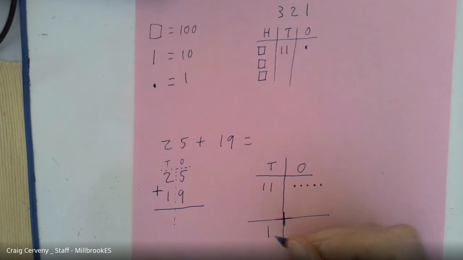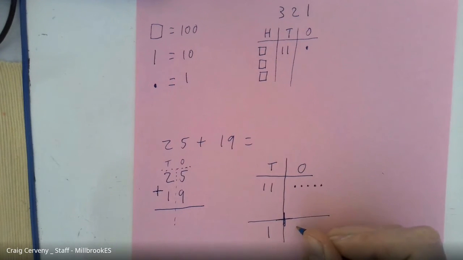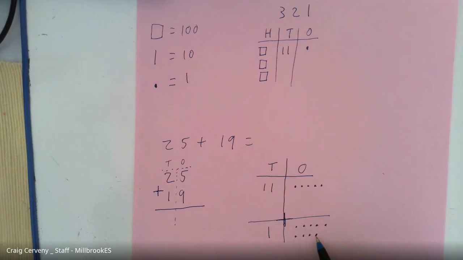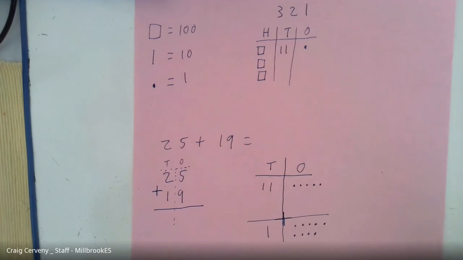So that's 1 ten stick and 9 ones. 1, 2, 3, 4, 5, then we have 6, 7, 8, 9. So that's 19. Let's just double check. 10, 11, 12, 13, 14, 15, 16, 17, 18, 19. So that's 19. And then 10, 20, 21, 22, 23, 24, 25.